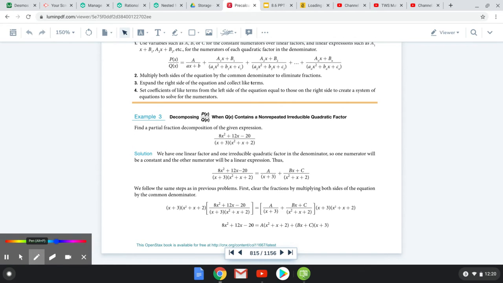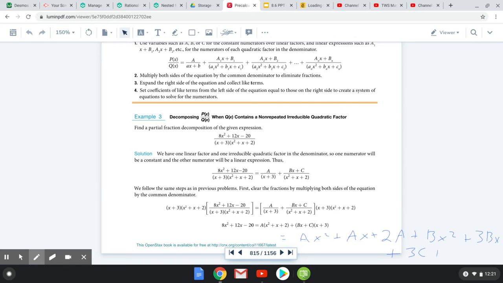So this would equal ax squared plus ax plus 2a plus bx squared plus 3bx. I'm running out of room. Plus 3c.